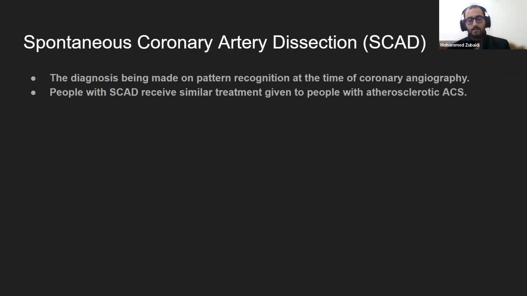Diagnosis, as we see in this case, we cannot make a distinction based on ECG, for example. It's similar to obstructive myocardial infarction. So the diagnosis is on coronary angiography features, and theoretically the diagnosis could even be made on CT coronary angiogram. And the treatment is similar to patients with atherosclerotic acute coronary syndrome.